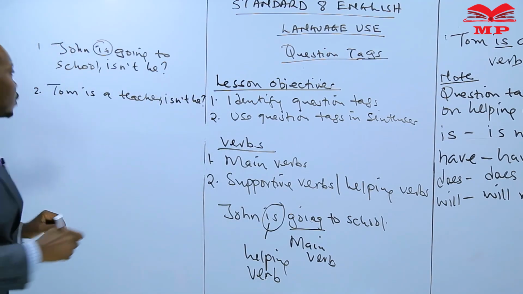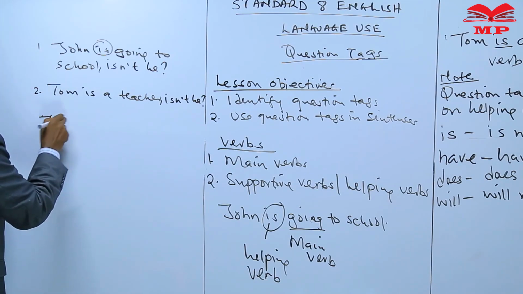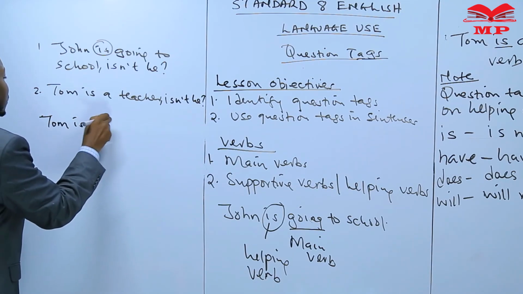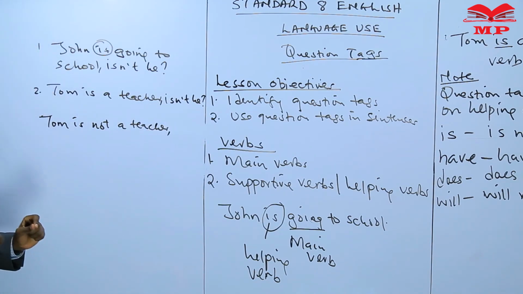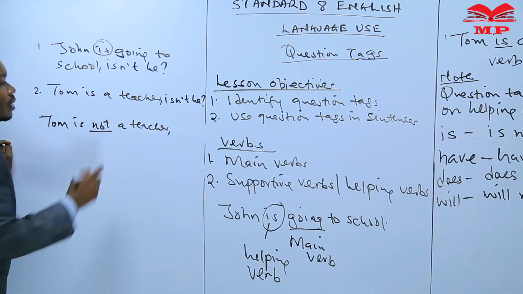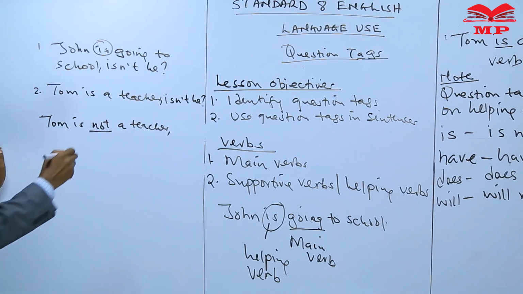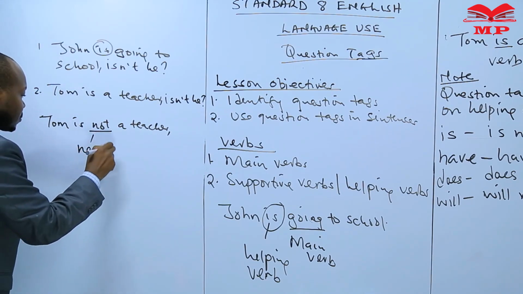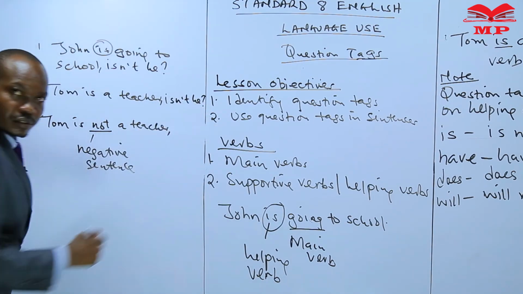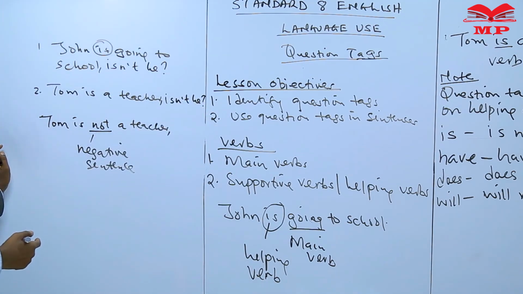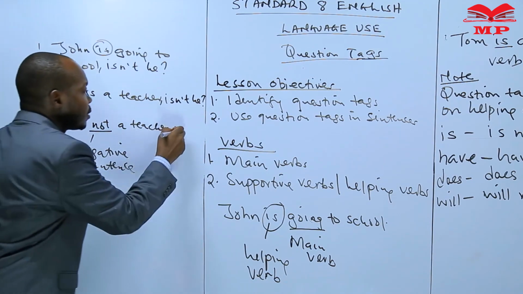If it were, Tom is not a teacher. Now look at this sentence. This is a negative sentence. We are saying Tom is not. You are negating, okay? So we shall have, is he?